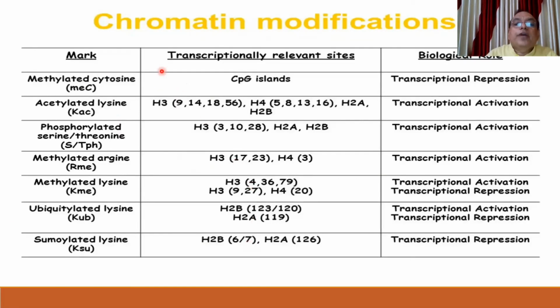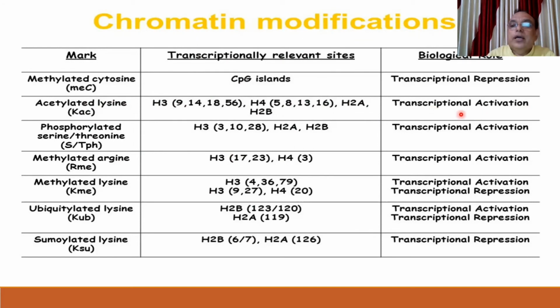Now, about chromatin modifications, you can have an idea of how chromatin modifications, that is, epigenetic factors, act upon the expression of genes. So you see here acetylation. Acetylation in H3, H4, etc. In all the cases, acetylation is leading to transcriptional activation.